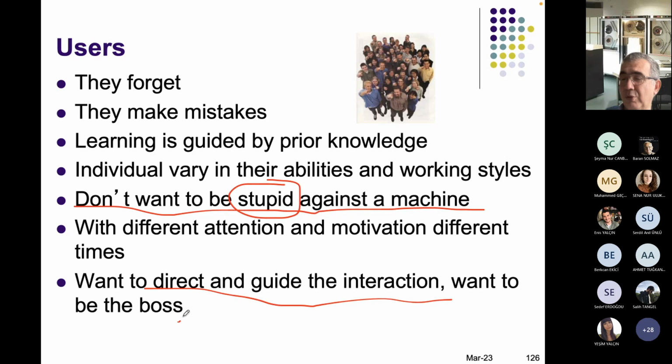They want to be the boss. Therefore, your interface should say, yes, sir, no, sir. The task is completed, successfully finished. So your interface should always give impression that it is serving the master, not the other way around.